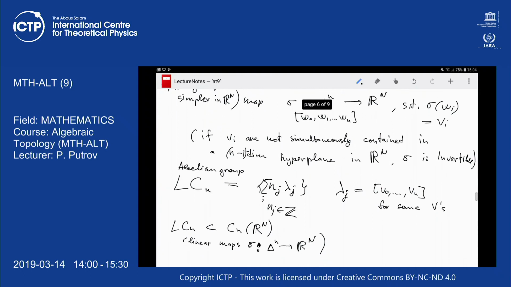This is a definition when n is greater than or equal to 0, but I also want to extend this for when n equals -1. So I just define this as a subgroup generated by kind of an empty sequence. There are no vectors here.